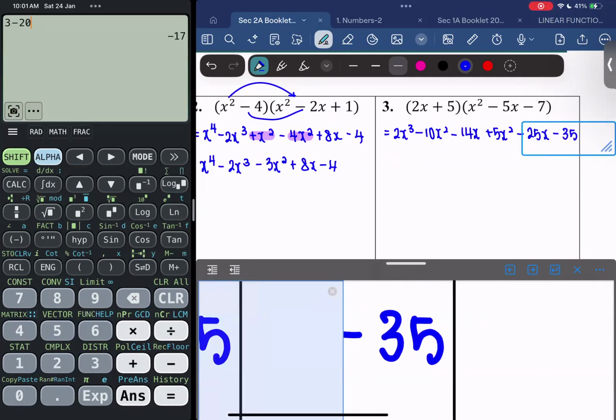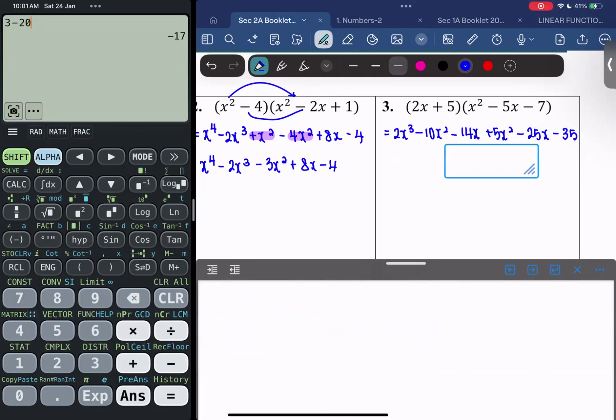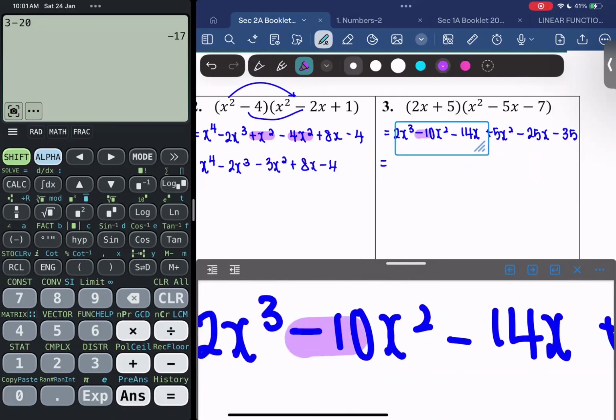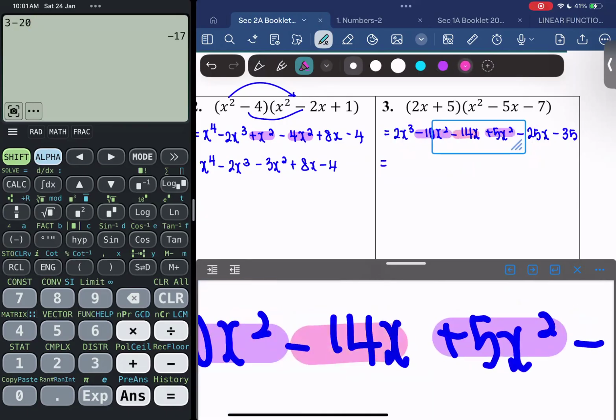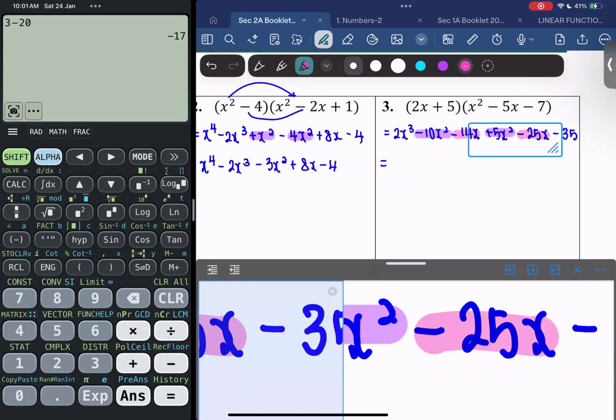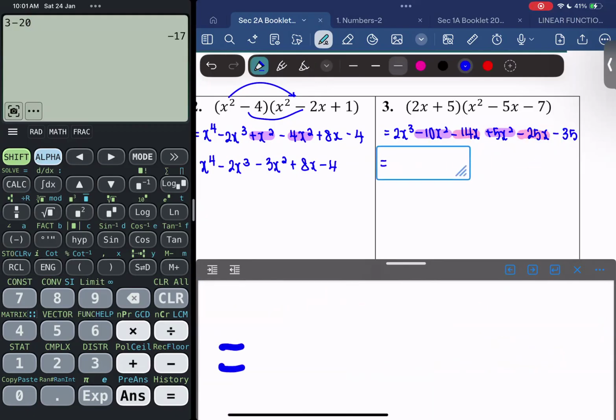Very good, Afifa. Okay, I highlight for you. So we have x squared, and we have x and x. Can you simplify this? 2x cubed.